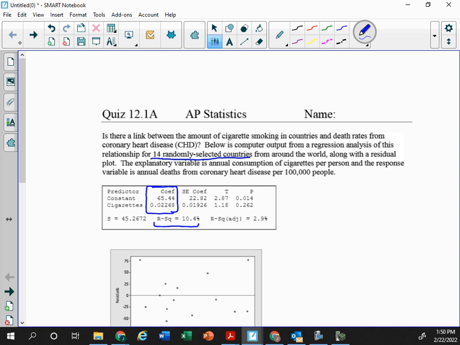Do you think we want the standard error for the constant or the standard error coefficient there for the cigarettes? Cigarettes. Yeah, isn't that much more related to the slope and what we're talking about? Yeah, so it's this 0.01926 that we're going to need.